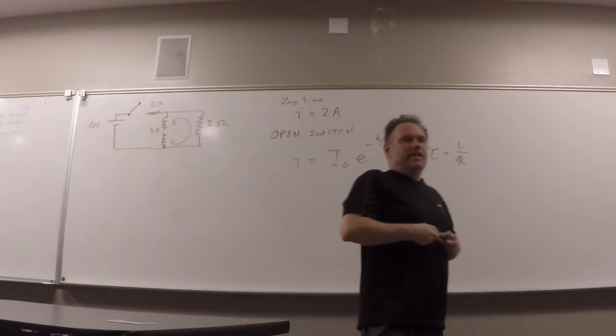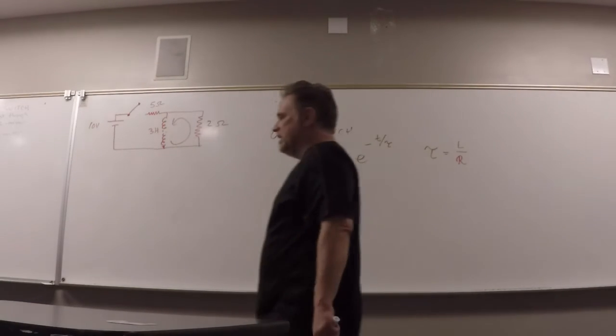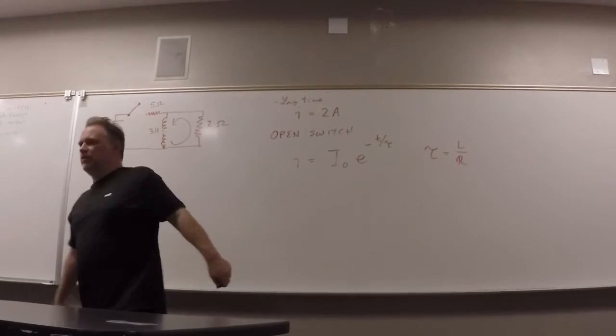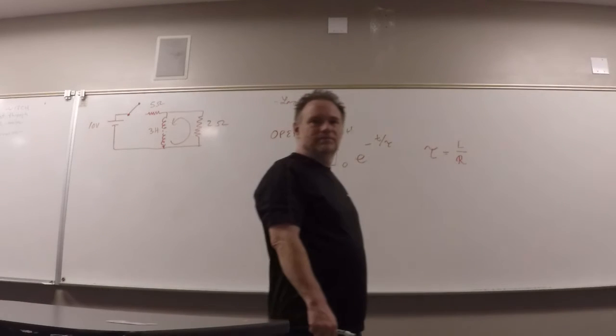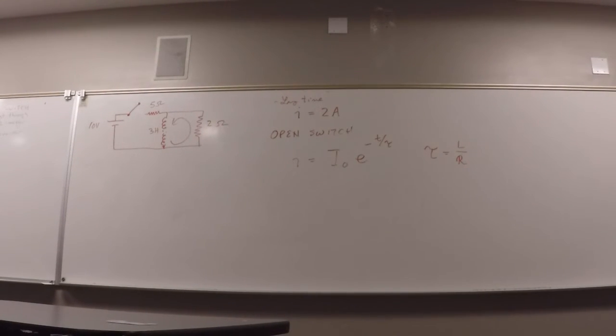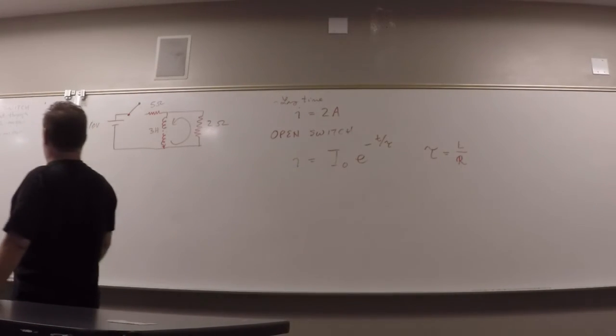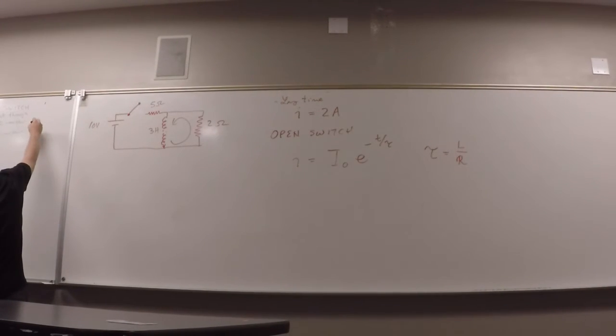Well, the current through the 10 ohm resistor should be simple. With this parallel circuit hooked up like this, I literally have two different circuits going on. I have one that's got a 10 ohm resistor that goes back to ground, and that's it. So how much current is flowing through that 10 ohm resistor? 1.5 amps.